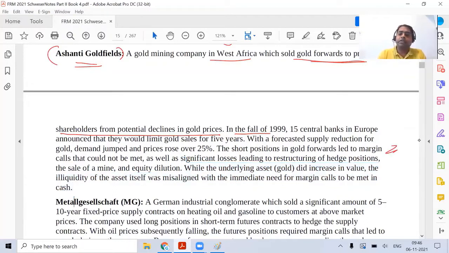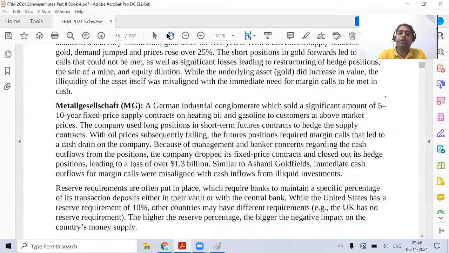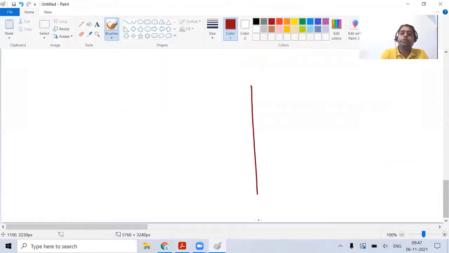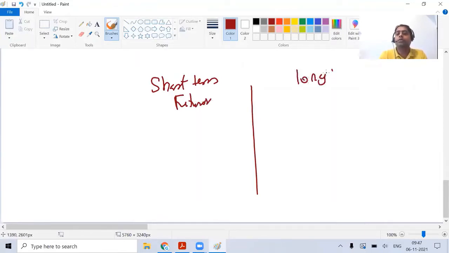Okay, let us go to the next case study, which is primarily your Metallgesellschaft. I hope you guys remember the Metallgesellschaft case study. We have already seen this stack and roll hedge from your level 1. In a nutshell, what happened is that the company used short-term futures contracts to hedge their long-term forward contracts.